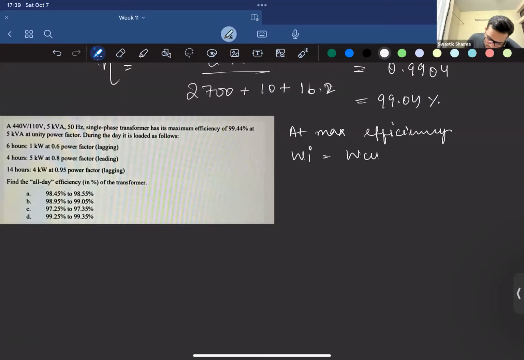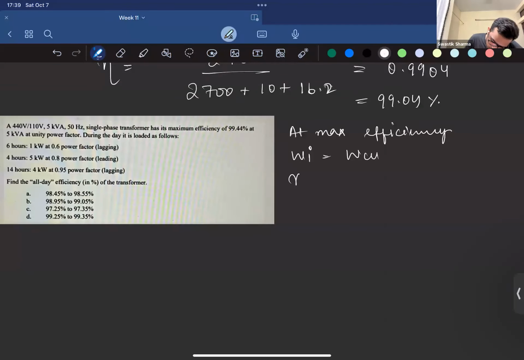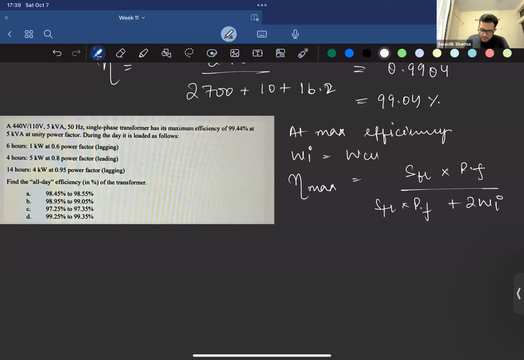So we can make use of this equivalency and, since it's at unity power factor, 2 times Wi is what?